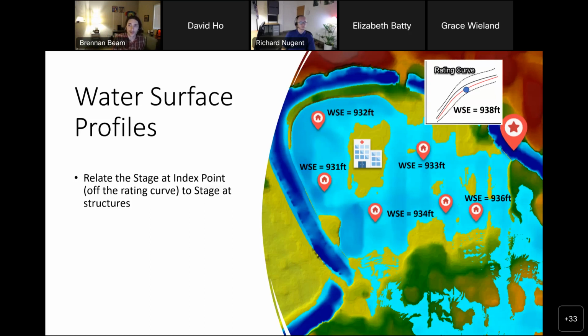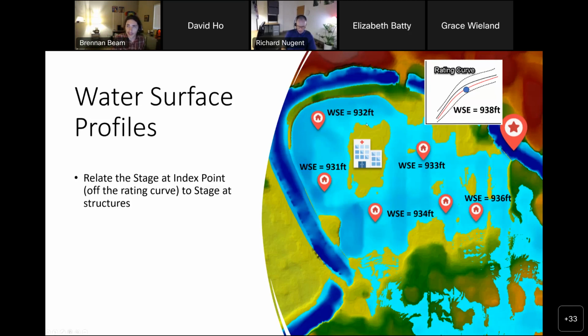But even though the water surface elevation at this point I've called out on the rating curve is 938 feet, that doesn't mean that when I go to calculate damages at every structure in my impact area, the water surface is 938 feet. It's just not. And this water surface profile allows me to make that conversion.